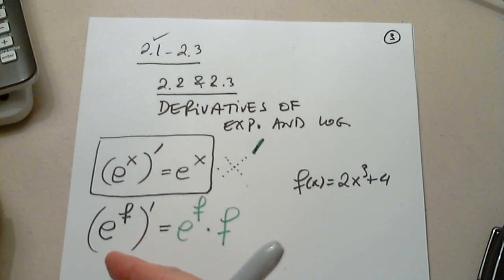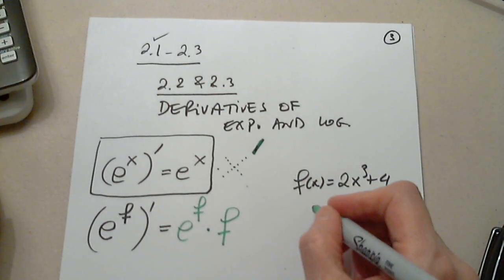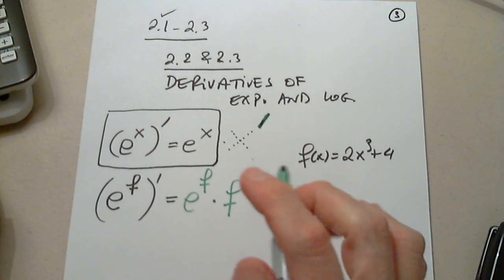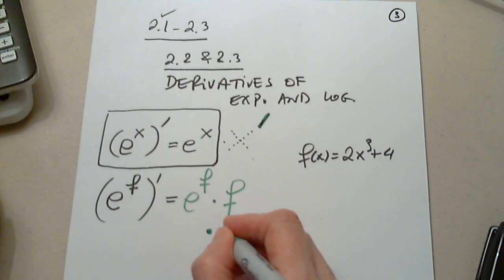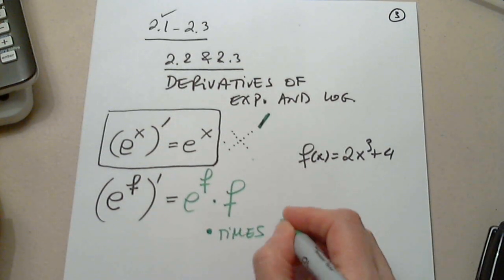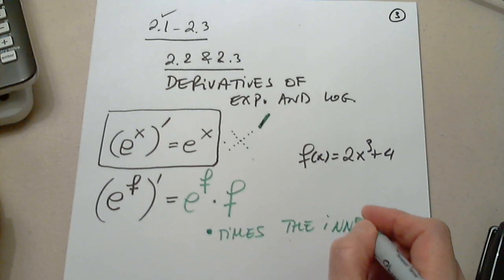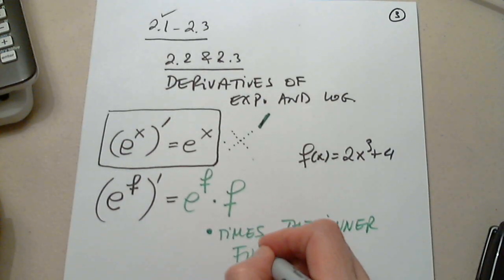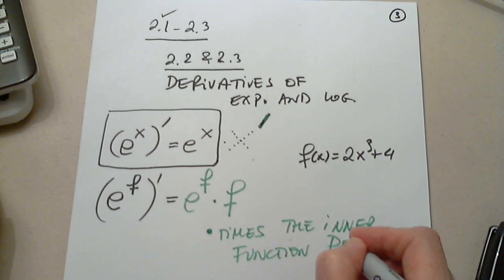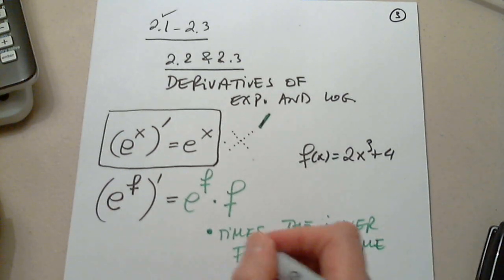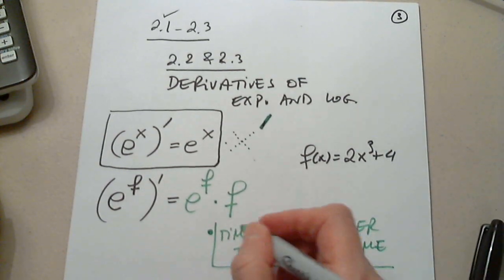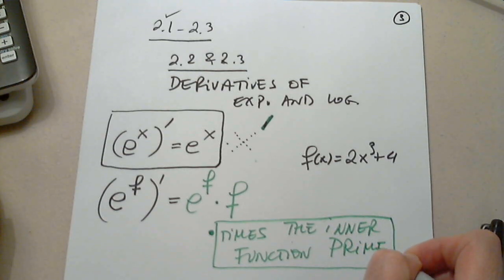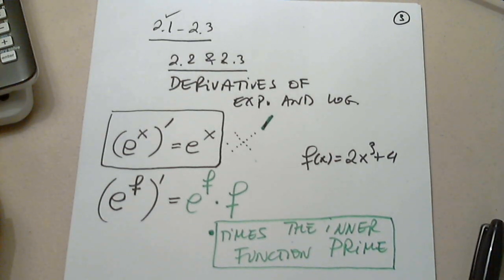So do you remember what we said? Derivative of the function times the inner function prime. If you forget this, like some of you did on the test, and we'll talk about that in a minute, you forgot the inner function prime, and that's incorrect.